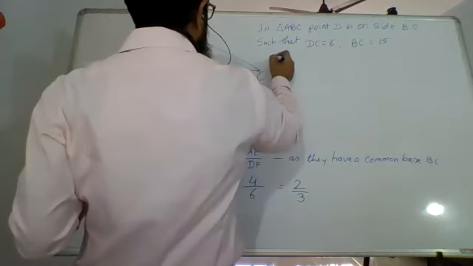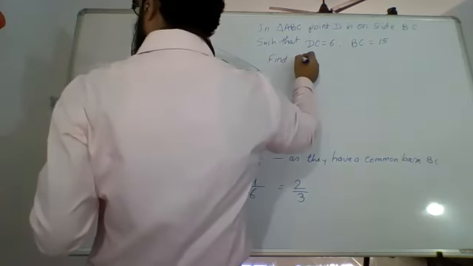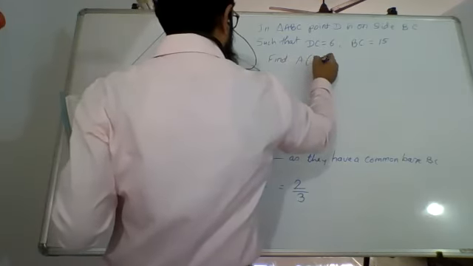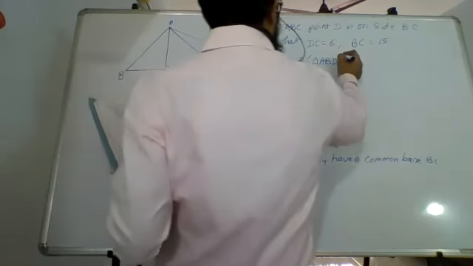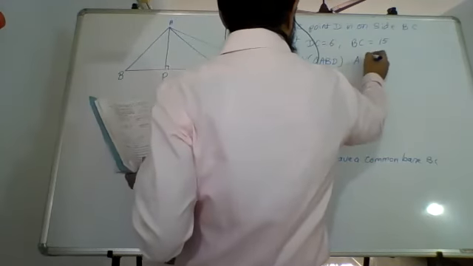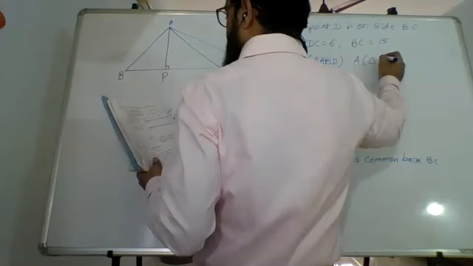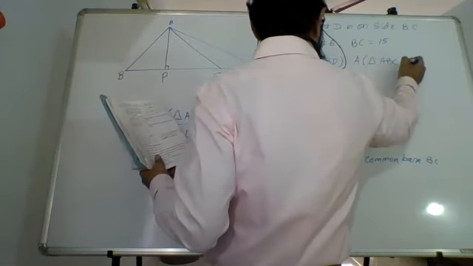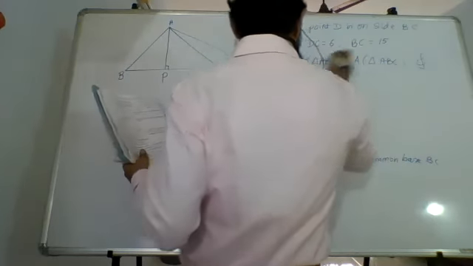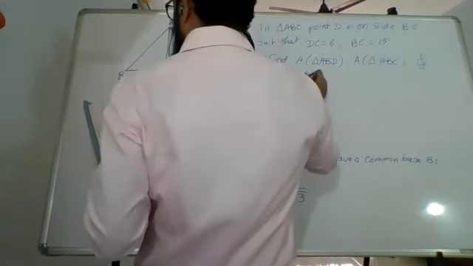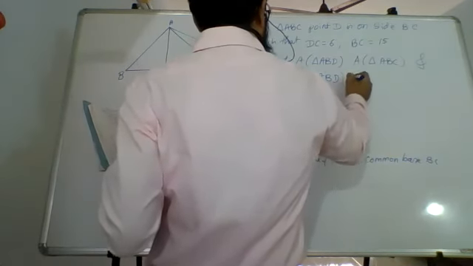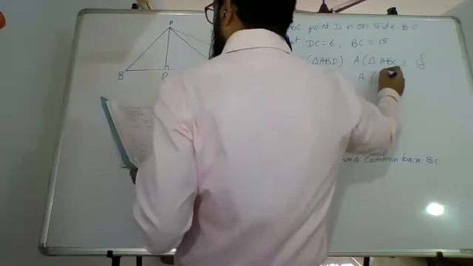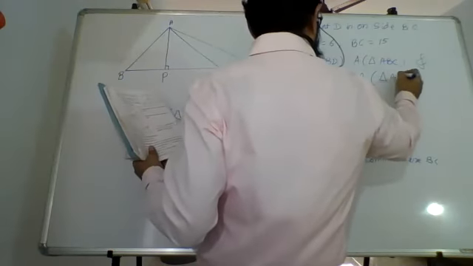Find area of triangle ABD is to area of triangle ABC, and area of triangle ABD is to area of triangle ADC.